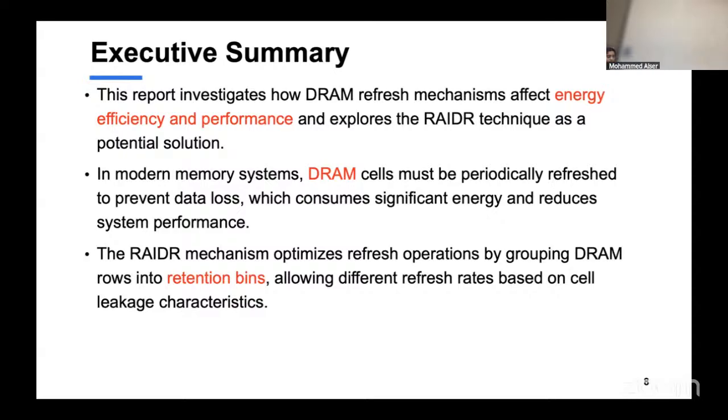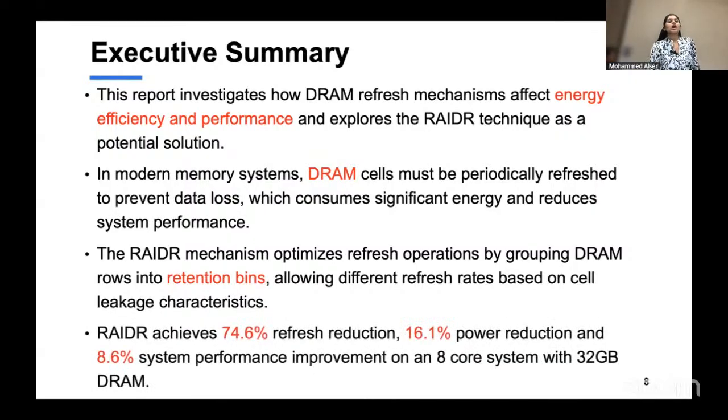And this is done using Bloom filters, allowing different refresh rates based on cell leakage characteristics. And RAIDR achieves 74.6% refresh reduction, 16.1% power reduction, and 8.6% system performance improvement on an 8-core system with 32 GB RAM.